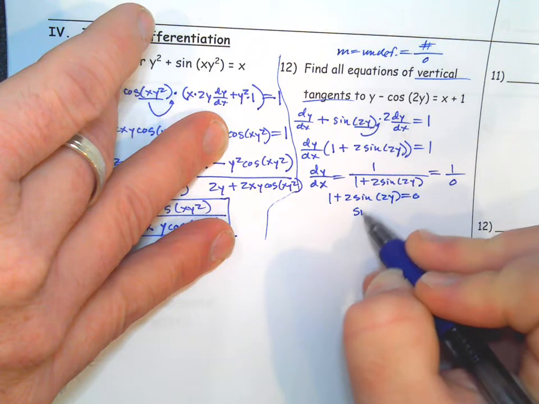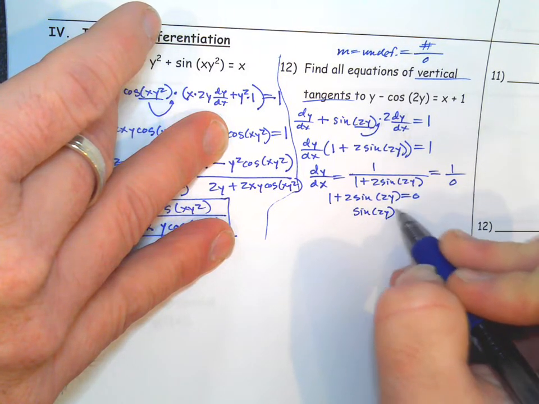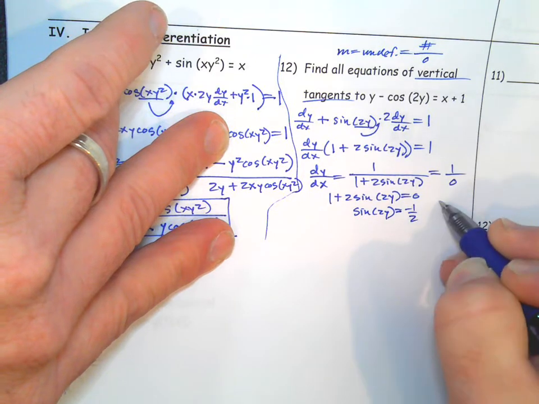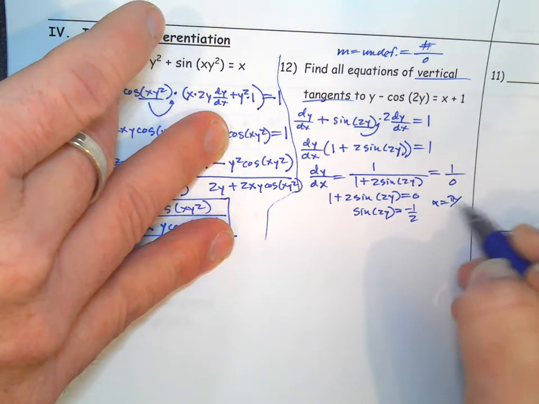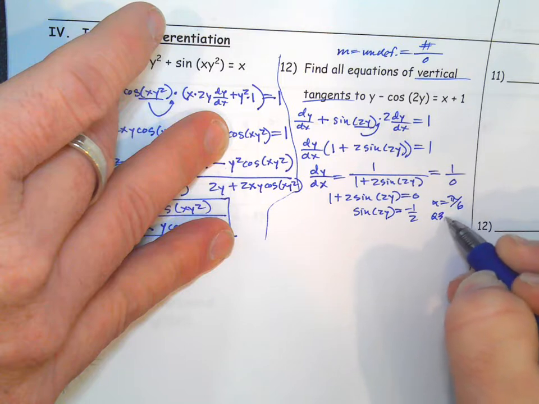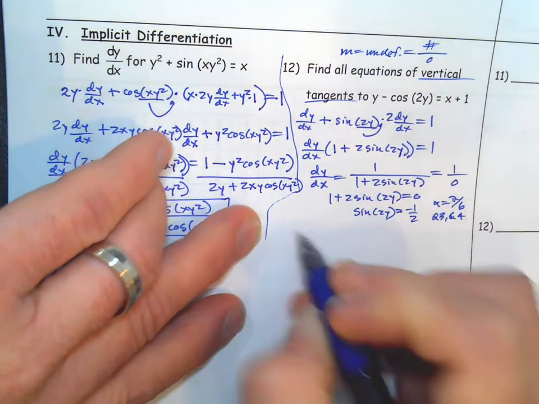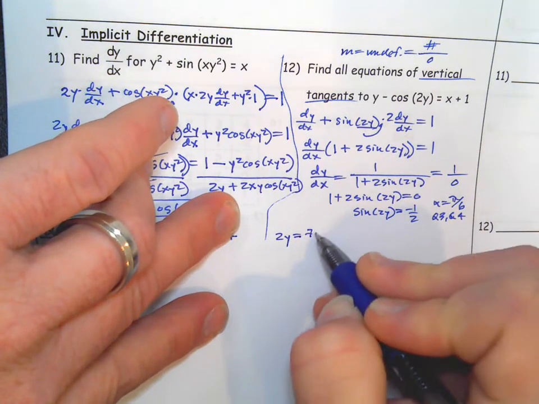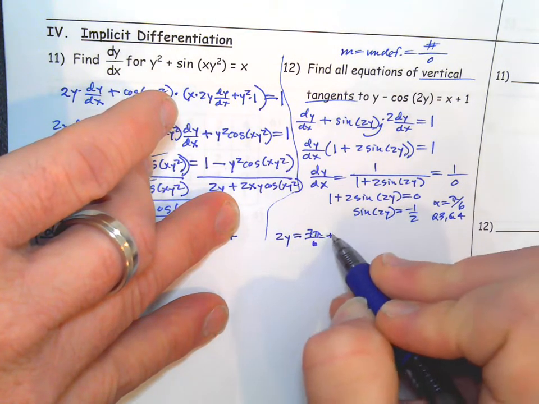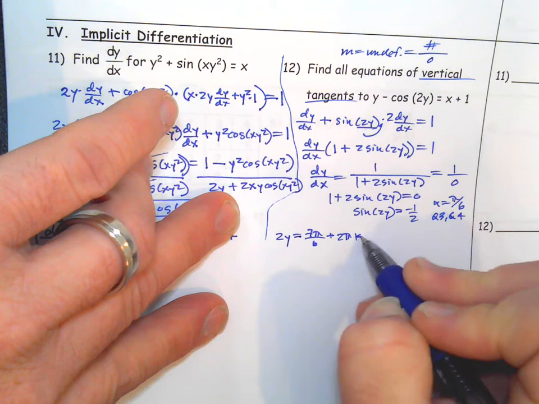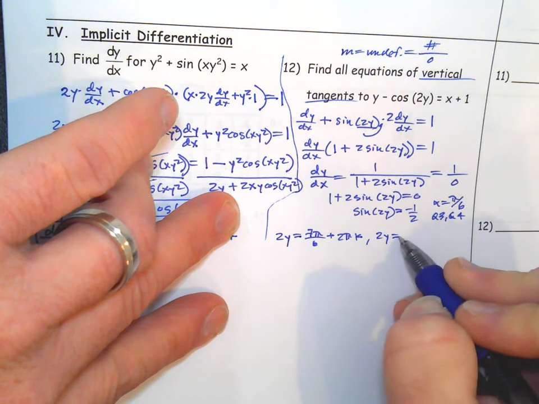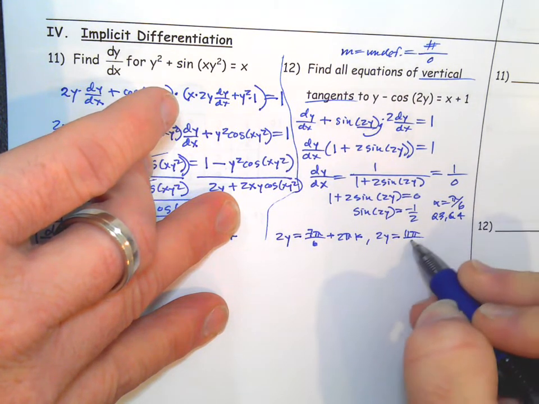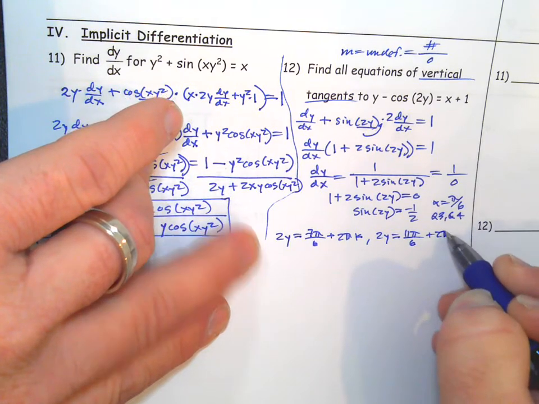So we're going to solve the trig equation. Sine 2y equals negative 1/2, alpha equals pi over 6, quadrants 3 and 4. So we're going to have 2y equals, quadrant 3 would be 7 pi over 6 plus 2 pi k, and quadrant 4 would be 11 pi over 6 plus 2 pi k.